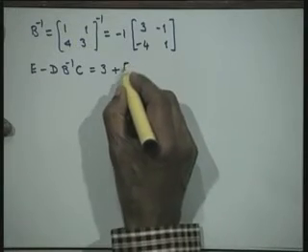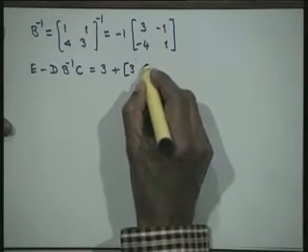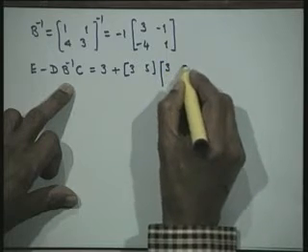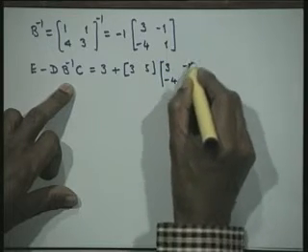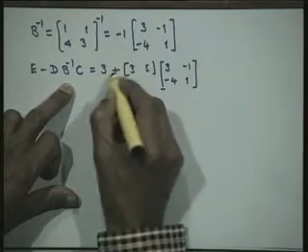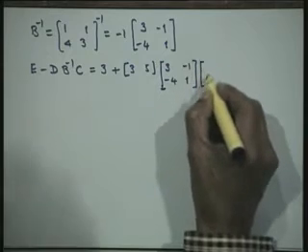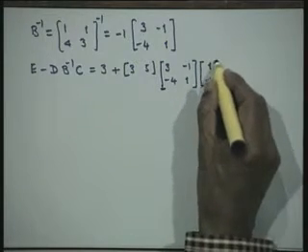B inverse is here, that is 3 minus 1 minus 4 1. We have absorbed this minus sign already, and then we are multiplying by C, and C is this column vector 1 minus 1.